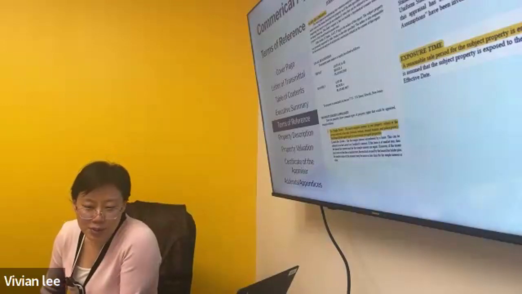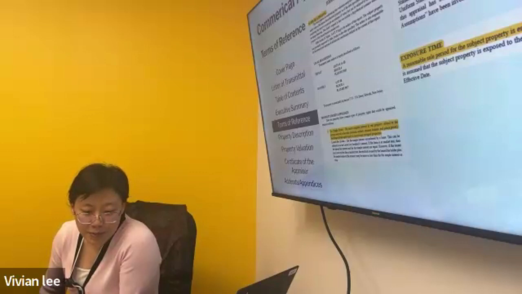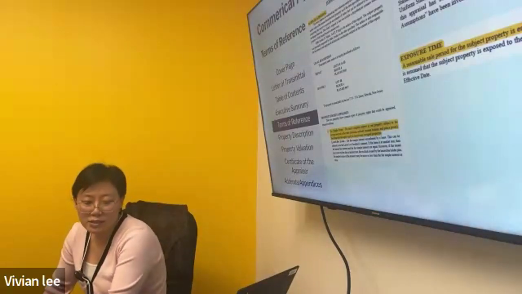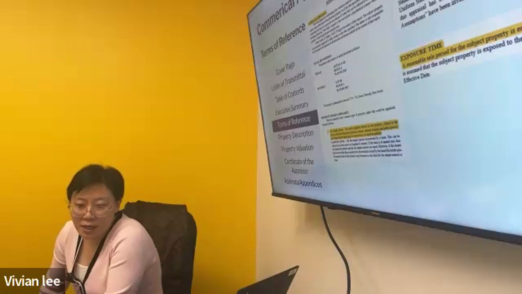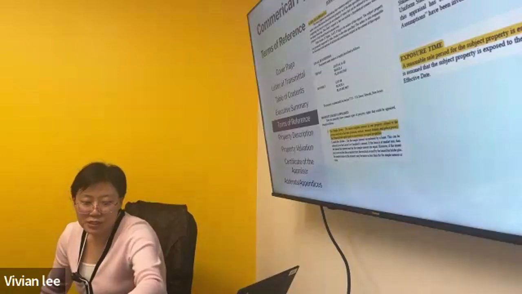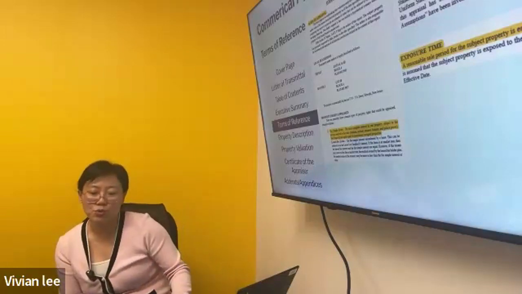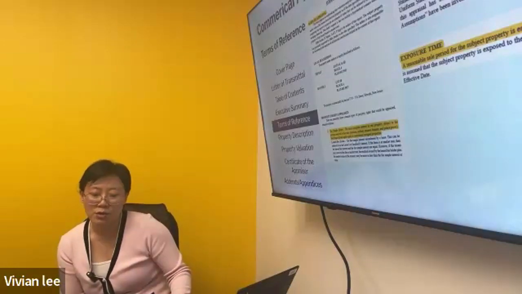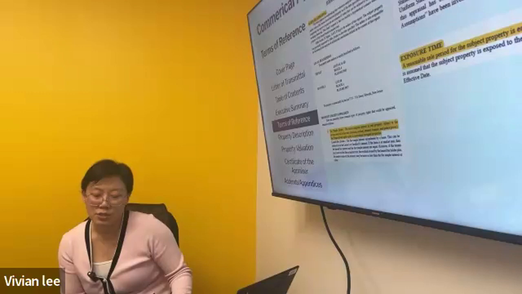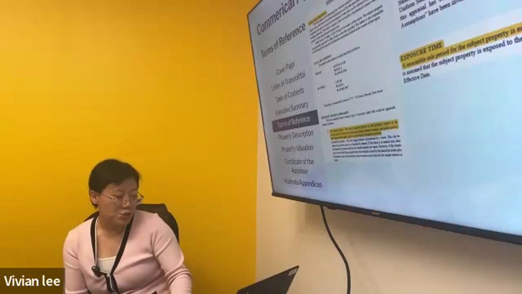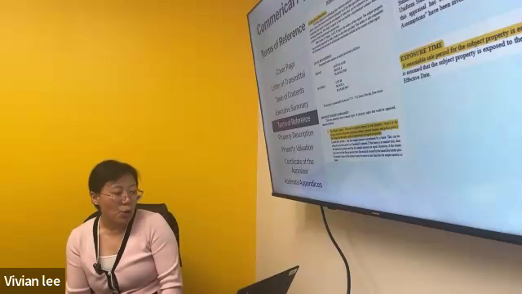And then in the section that follows, there's the property rights appraised. The appraisal is based on the fee simple estate. This is the most complete interest in real property, subject to powers reserved to the state, taxation, etc. Under this status, you own, right?